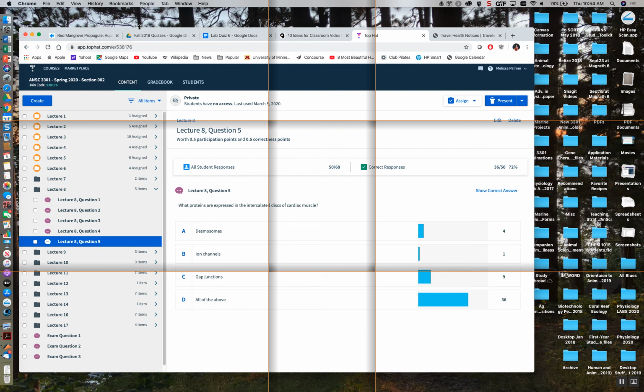So now I'm going to give you a little bit more information. The units for this is millimeters of mercury. That's a unit of pressure. Millimeters of mercury. And the top number is the systolic pressure.